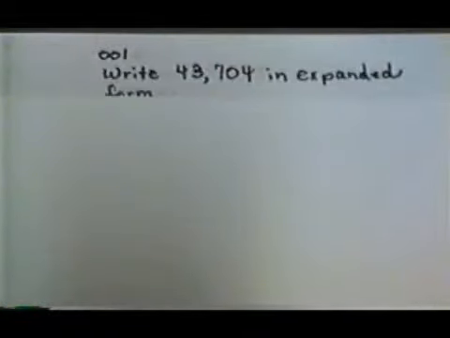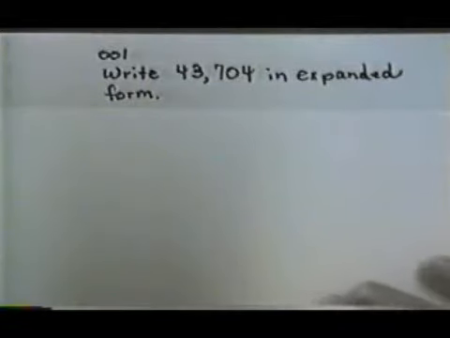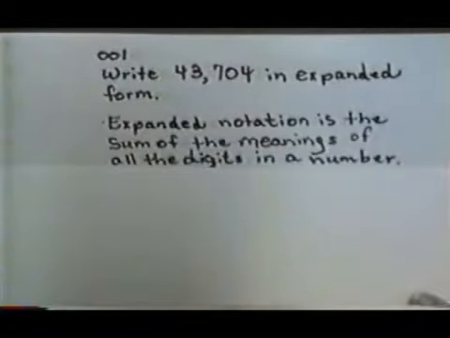Now, something else that you're sometimes asked to do with whole numbers is to write them in expanded form. So we want to take the number 43,704 and write it in expanded form. So let's look and see what expanded form means.